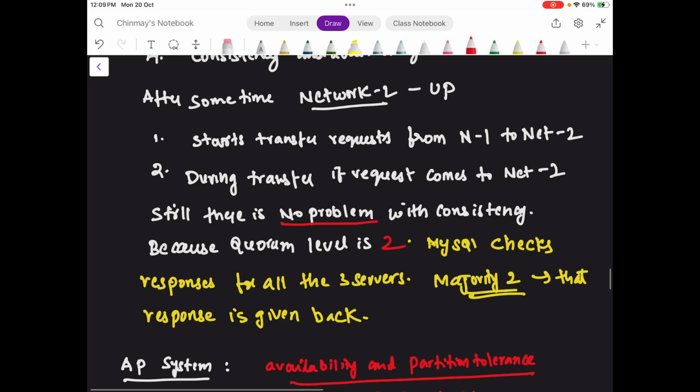In MySQL, even during the data transfer, if a request comes to network 2, what will happen? There is no compromise in consistency, because 2 servers is the quorum level. Out of the 3, MySQL checks the response from all the servers, takes the majority from 2 servers, and that response is given back. So that's why consistency is there.